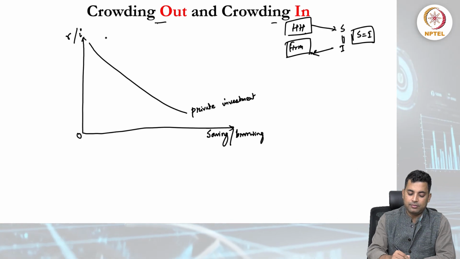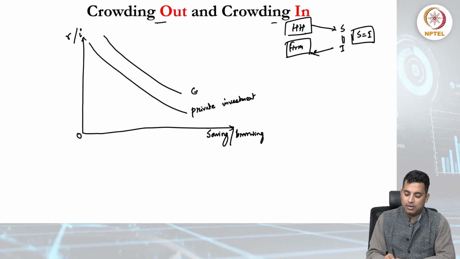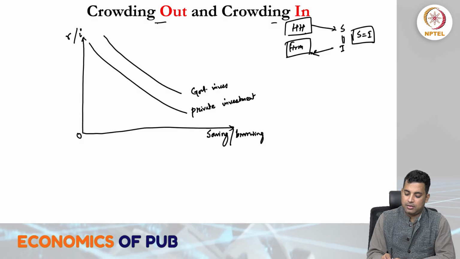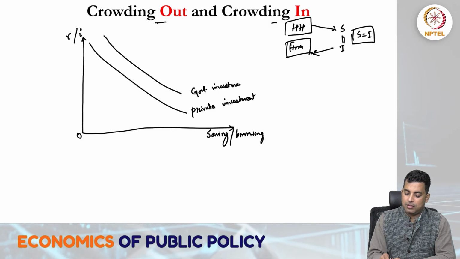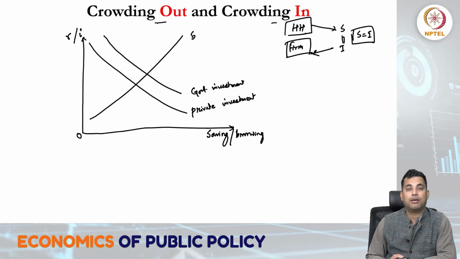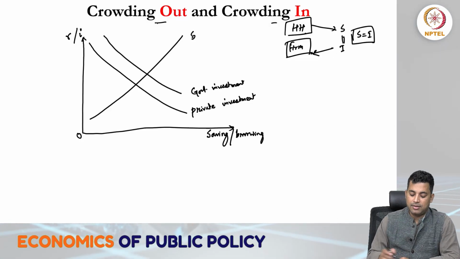So let's see, this is the private investment. Here say government investment, and here say this is the supply of goods and services.